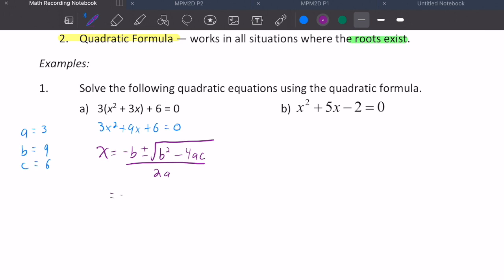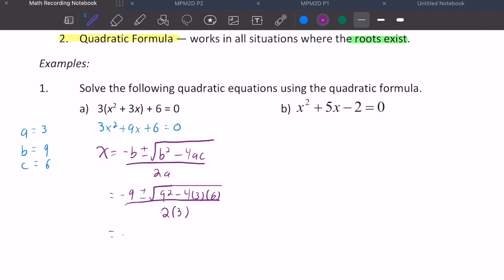So we get negative 9 plus or minus the square root of 9 squared minus 4 times 3 times 6, all over 2 times 3. Now we start solving inside the square root.